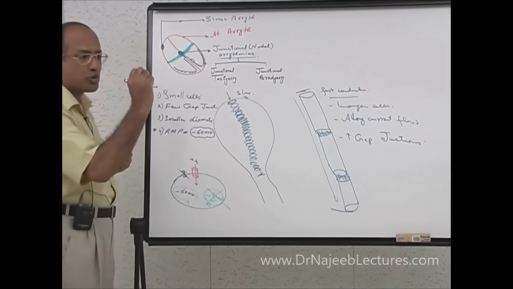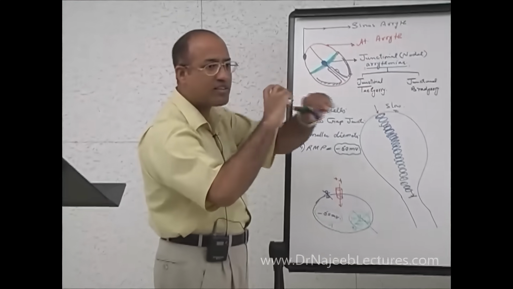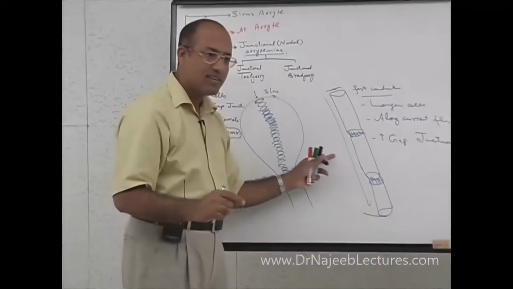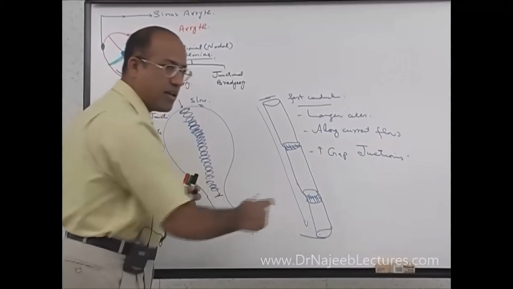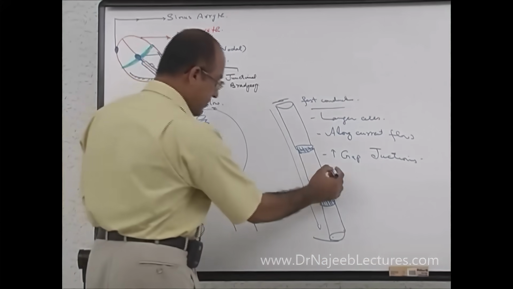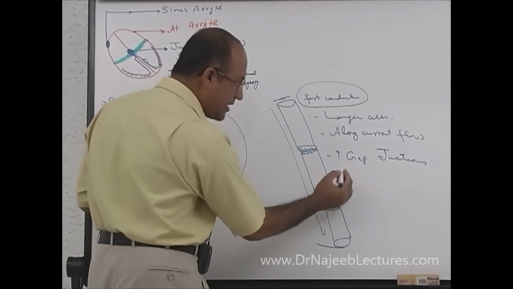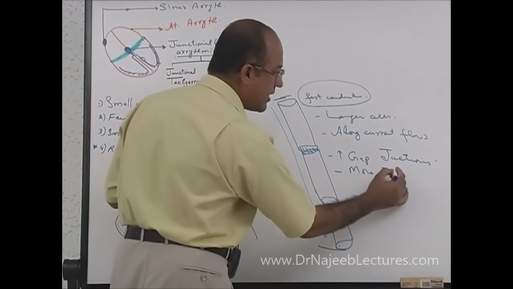If you have a narrow tube, water will have more resistance. If you have a wide tube, water has less resistance to pass. Same is true about electrical current. Through these wider diameter cells, current passes more efficiently. So one more reason why this tissue is a fast conductor is the larger diameter of cells.